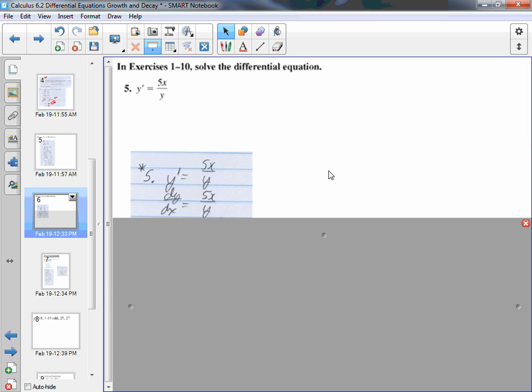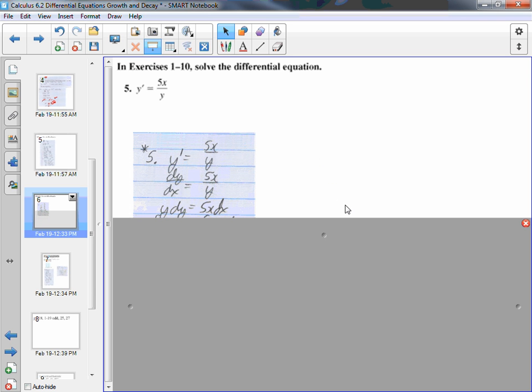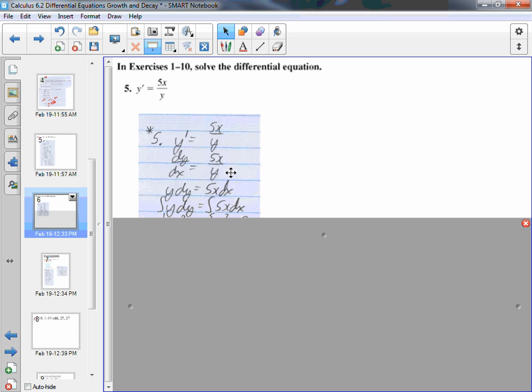So separate the variables, integrate both sides.